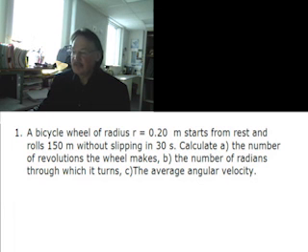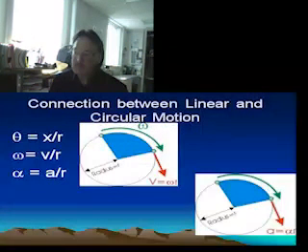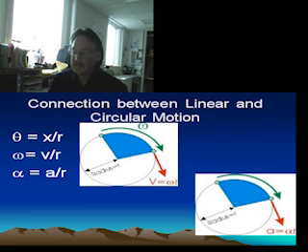And notice that we have r, okay, and we have x. So we could convert this to a theta type formula. Theta equals x over r, with r equal to 0.2. Okay, 0.2 is 1/5. 5 times 150 is 750.